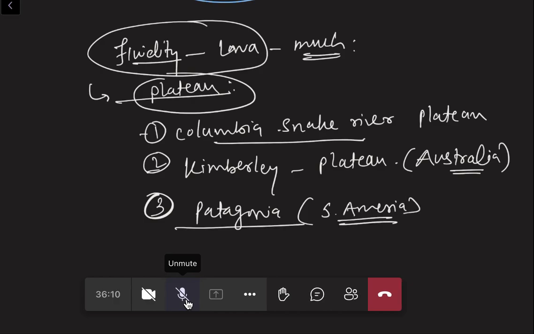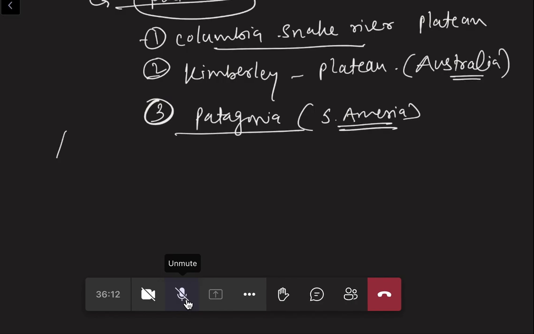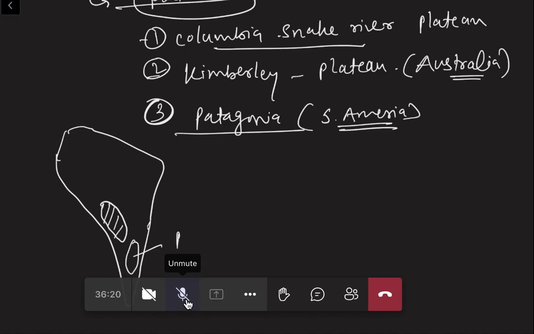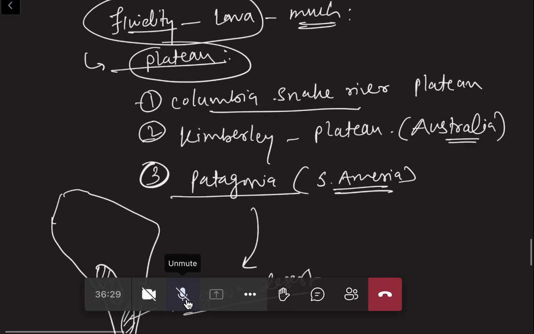In South America, this is the Atacama, it is a desert, and here you have the Patagonia desert. So this Patagonia region is formed because of what? Fluid lava.